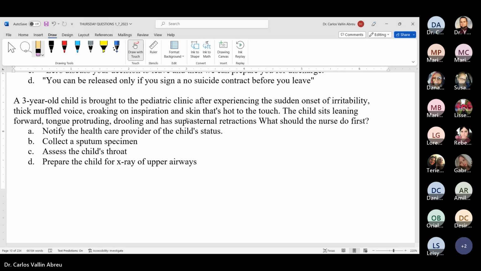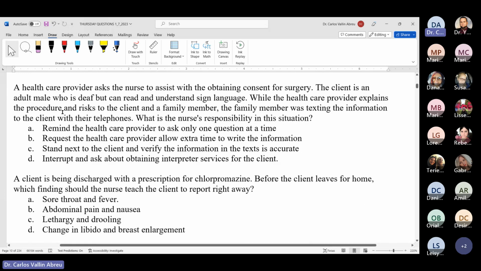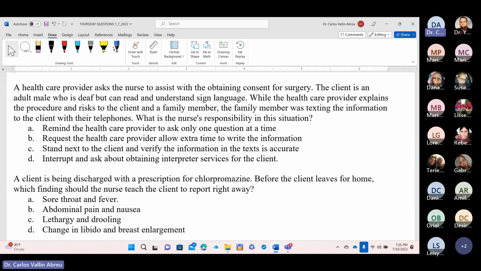That's it. Very good. A healthcare provider asks the nurse to assist with obtaining consent for surgery. The client is an adult male who is deaf, but can read and understand sign language. So the doctor is present, the nurse is present, the client is present, but the client is deaf.